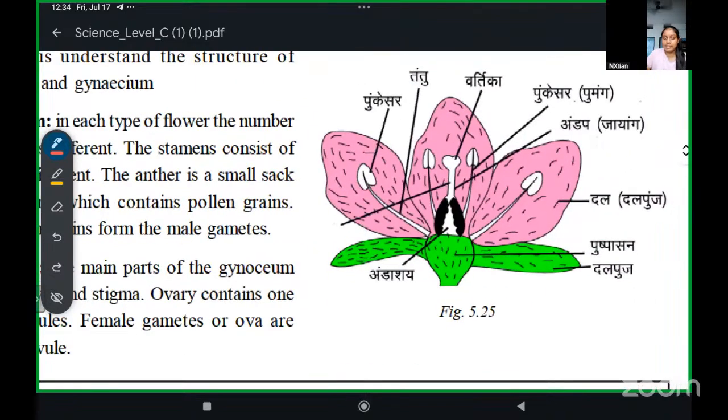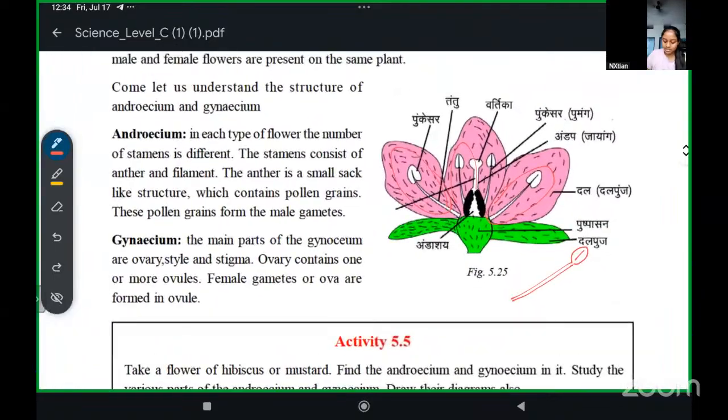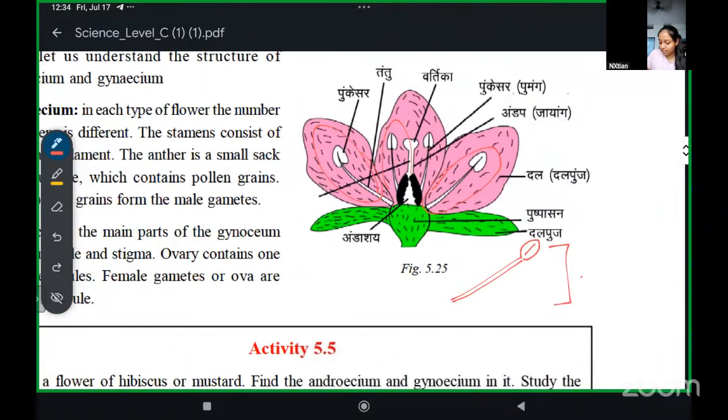In this flower diagram, you can see these structures which have a thin stem and a bulb-like thing on top. This is the male reproductive part of the flower, known as stamen.